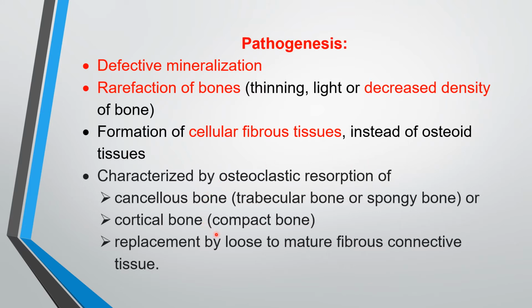Now this osteoclastic resorption occurs in the bone, but it must be replaced by some tissue. So replacement occurs by loose, mature, fibrous connective tissue. Deposition of fibrous tissue, growth of the fibrous tissue. And so the disease is named as fibrous osteodystrophy. This is the main thing.